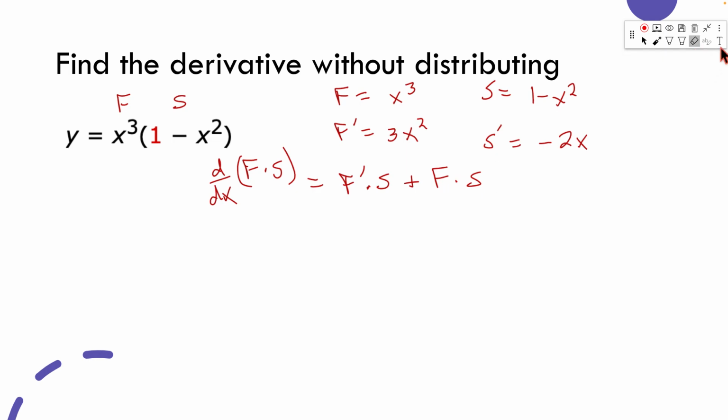The derivative of f is right up here, x to the third. So I'm not really doing anything, I'm just copying things down in the right location. And then I multiply by s unchanged, which is 1 minus x squared. And then I've got an addition. I take the first one.